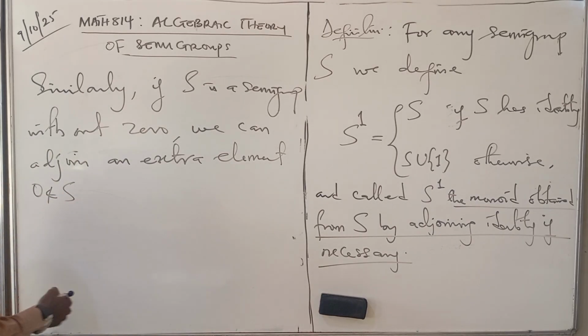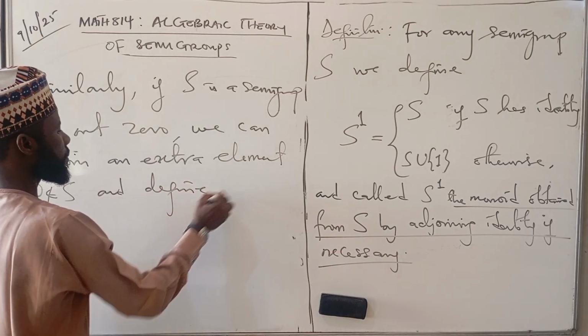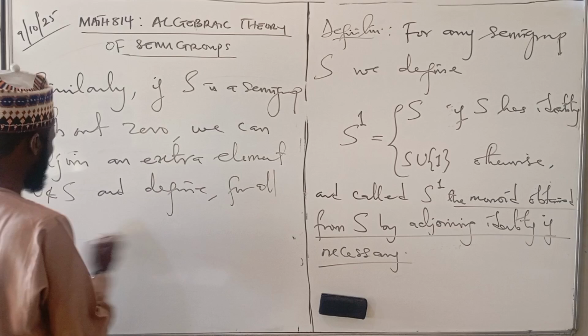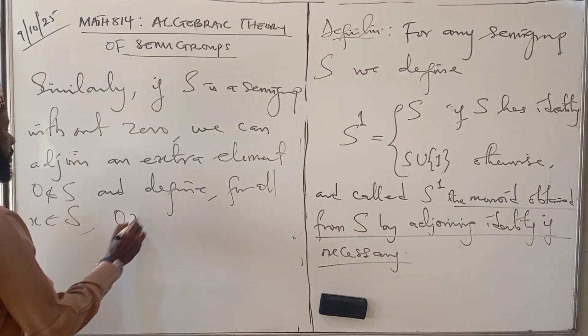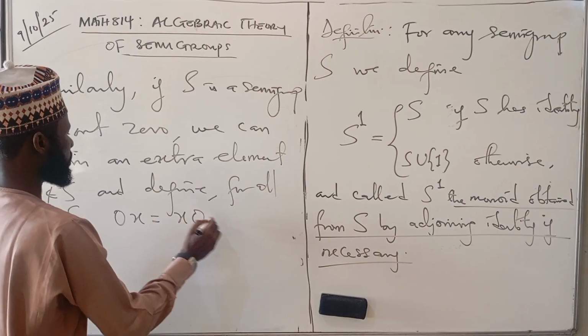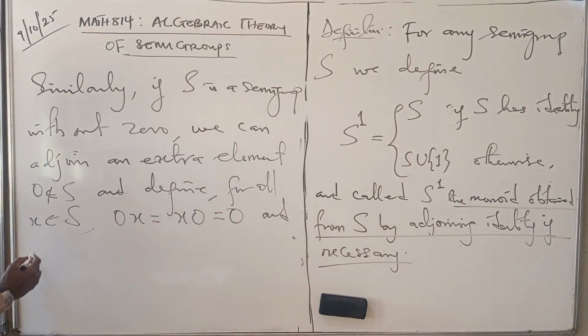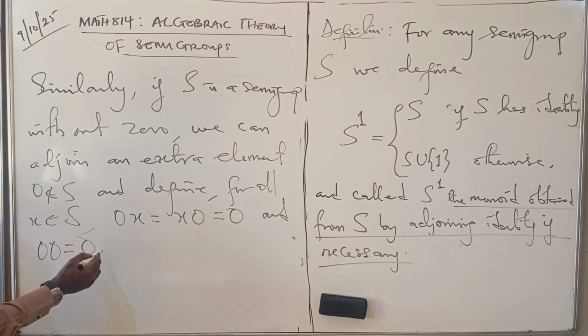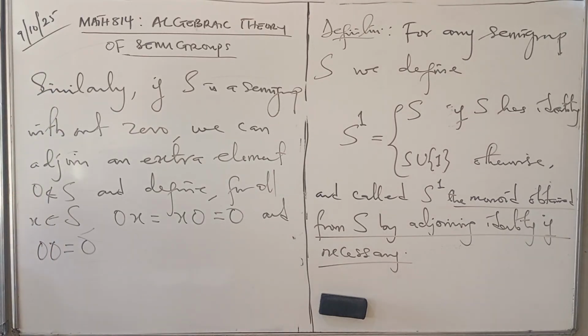Okay, and define for all x in S, 0 times x to be equal to x times 0 to be equal to 0, and when it comes to multiplying 0 by itself, we declare it to be 0 also. So we have extended the binary operation to cover this extra element.